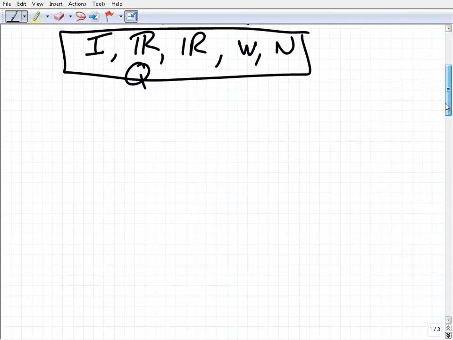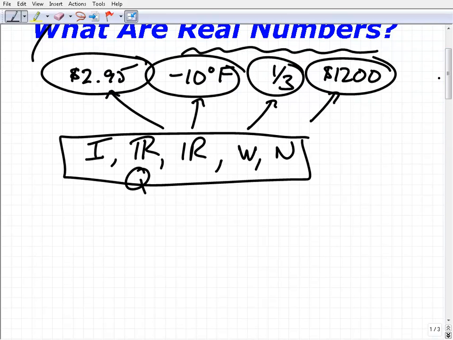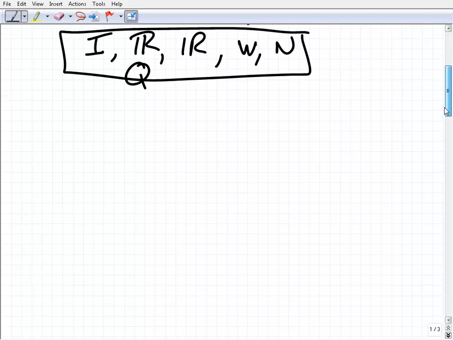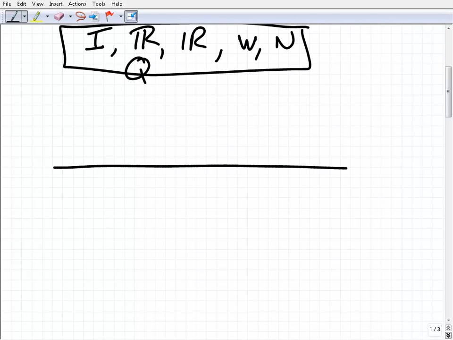What are real numbers? We already talked about examples of numbers that we might encounter in our life, and they constitute part of the real number set. But from a mathematical standpoint, I want you to think back to when you studied the number line, when you were first learning how to count. We learned about this idea of zero, and then when you're 2 or 3 years old, you were saying 1 and 2.